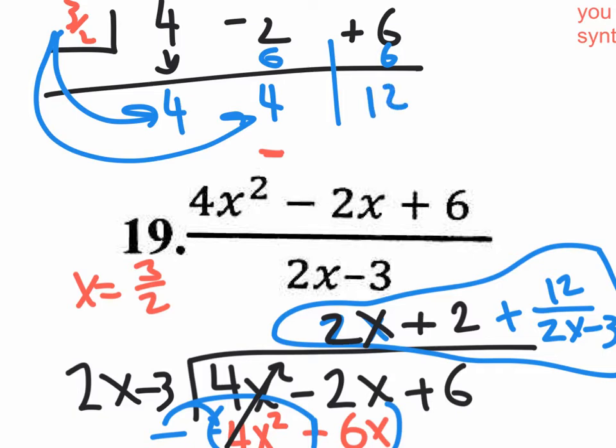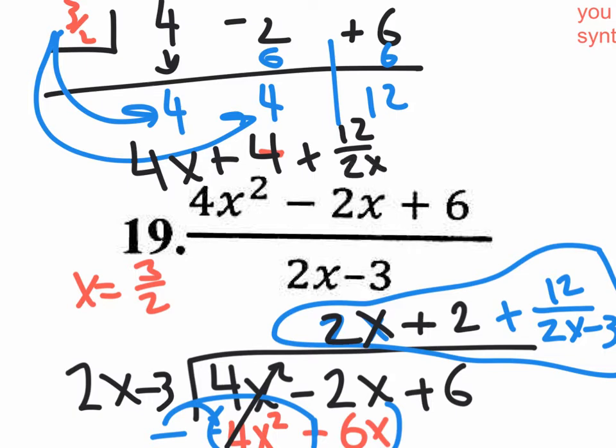Now, normally I would say your answer is 4x plus 4 plus 12 over the original divisor, which was 2x minus 3.